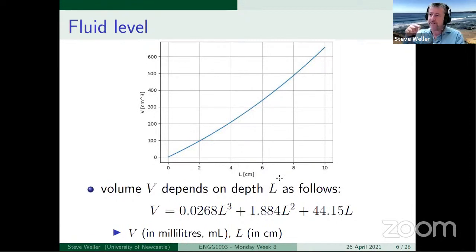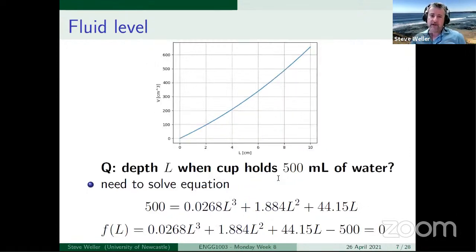If we know what the height is, what's the volume? But that's not the problem we're interested in solving today. We're interested in solving the opposite problem. Namely, if we're given the amount of volume, in this case, I'm going to choose the value 500 mils, half a litre, the question is, what's the value of L corresponding to that volume?